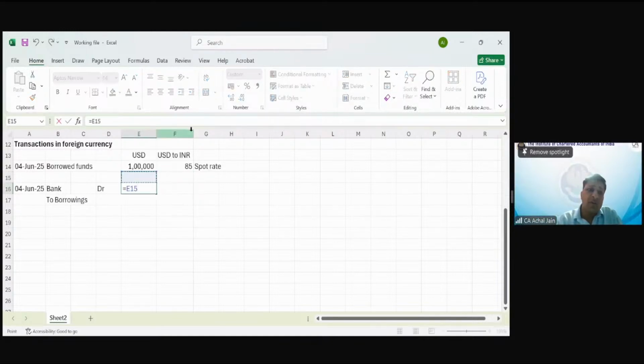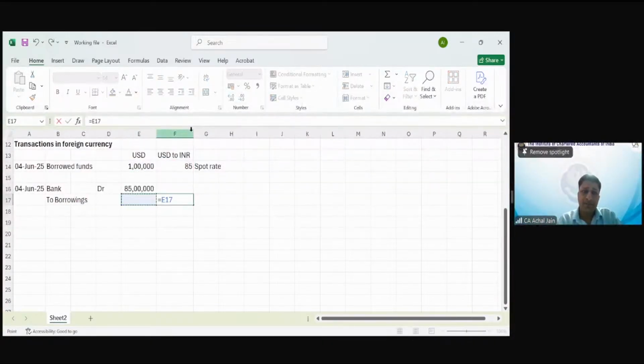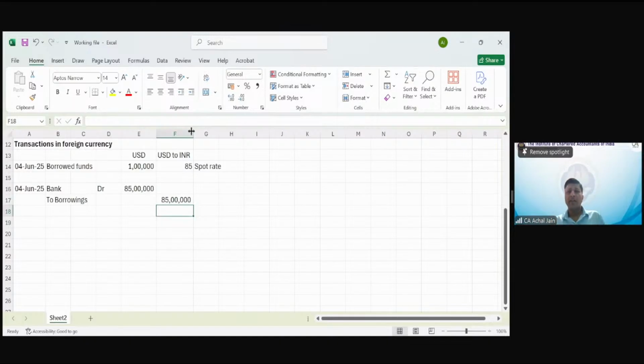So if you convert this into INR, what does it become? 85 lakhs? Yes or no? It will become 85 lakhs, correct? So that's how a transaction will have to be recorded. Everyone clear? Mohit, Rohan, they are clear.